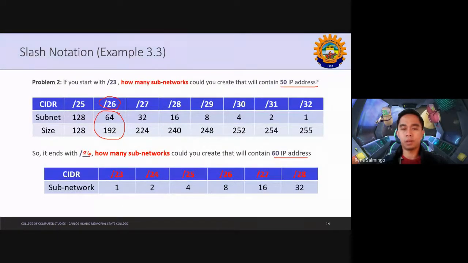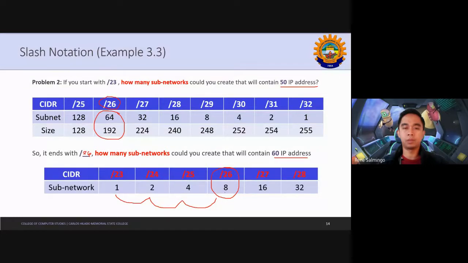So the answer for the subnetworks that we could create is 8. We start our count from here: 1, 2, 4, 8. So this is the answer.